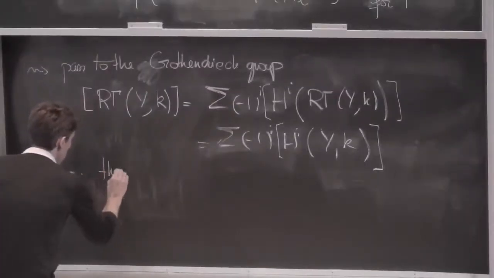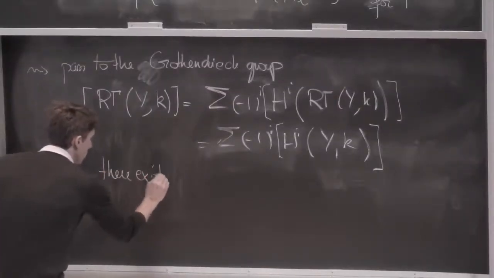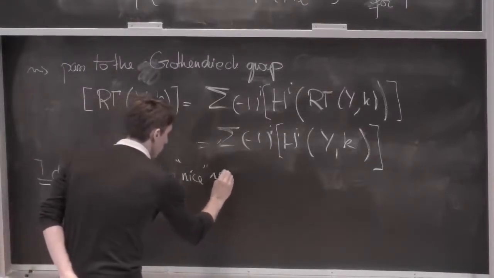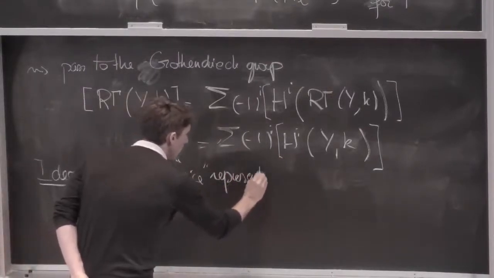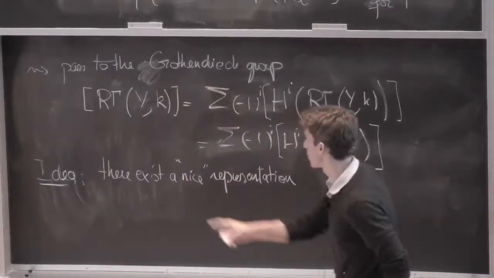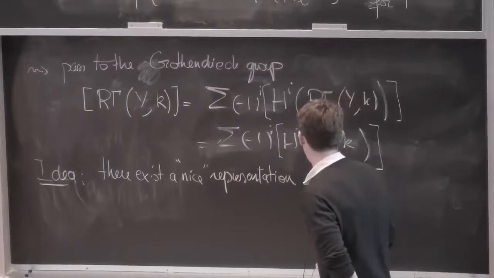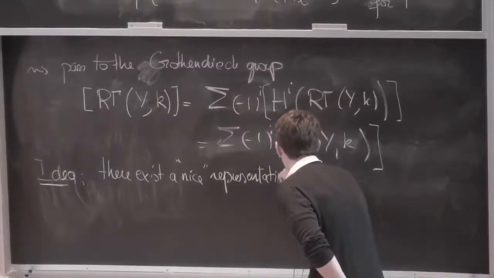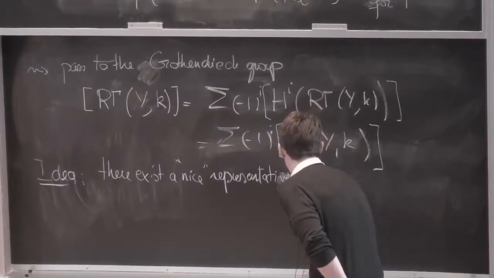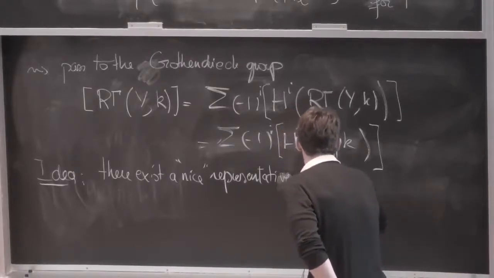There exists a nice representative. This complex is just defined up to quasi-isomorphism, so isomorphism in this derived category. There is a nice representative of this one.